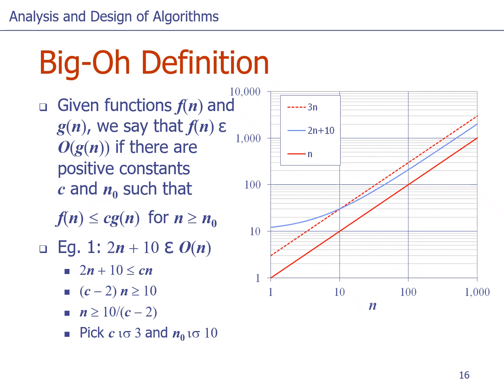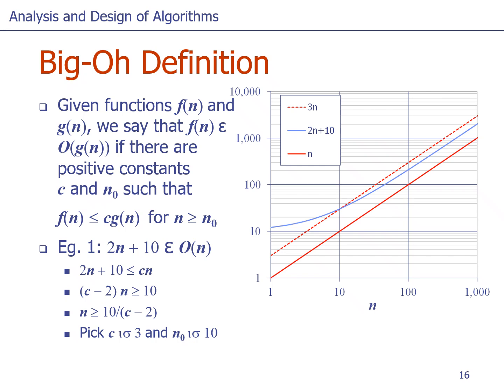So what I need to do is to prove that there is a variation of the n curve that after some point will always be above 2n plus 10. Let me repeat that. In order to prove that 2n plus 10 is in O of n, I have to find the variation. By the variation of O of n, I mean some constant multiplied by n.